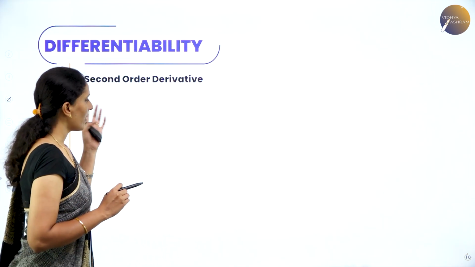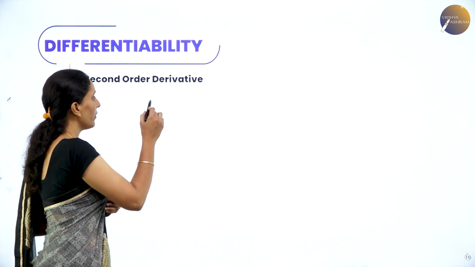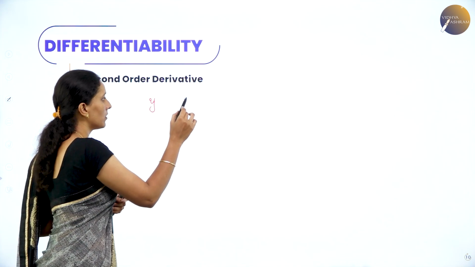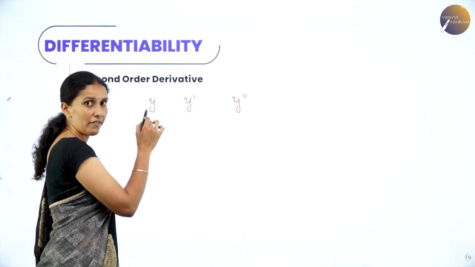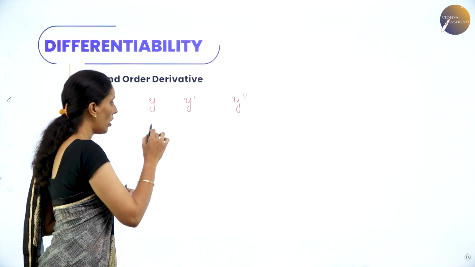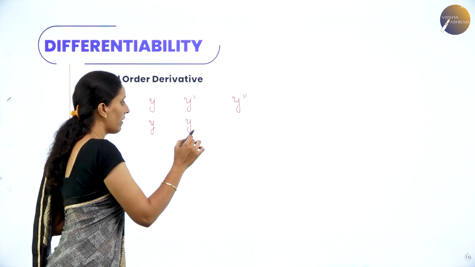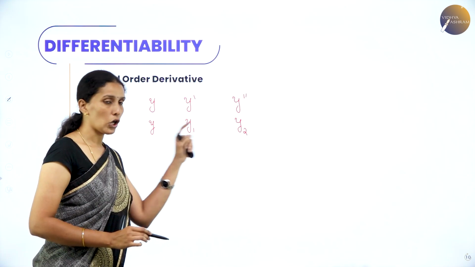So in general, there are many symbols to represent derivatives. So this is y, y dash, y double dash. This is a function, first order derivative, second order derivative. Or y, y1, y2. First order derivative, second order derivative.